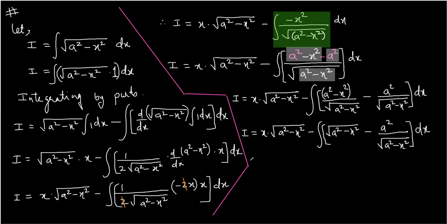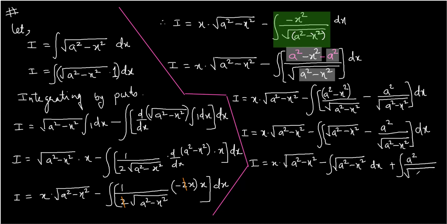In the next step, I get I equals x multiplied by square root of a square minus x square, and I write a separate integral for these two inside the bracket. So I get negative integral square root of a square minus x square, and minus and minus become plus, and here I have plus integral a square upon square root of a square minus x square dx.